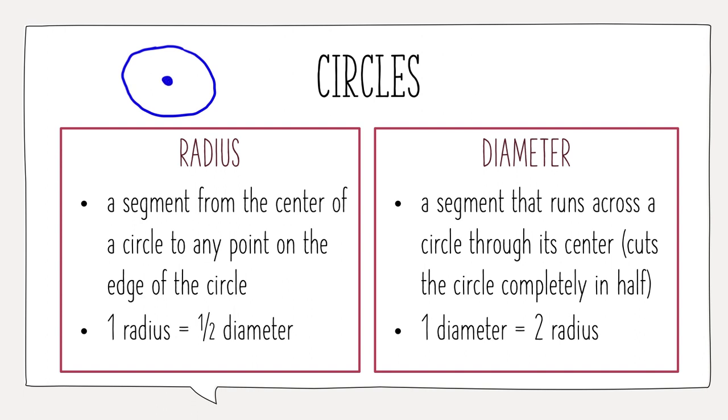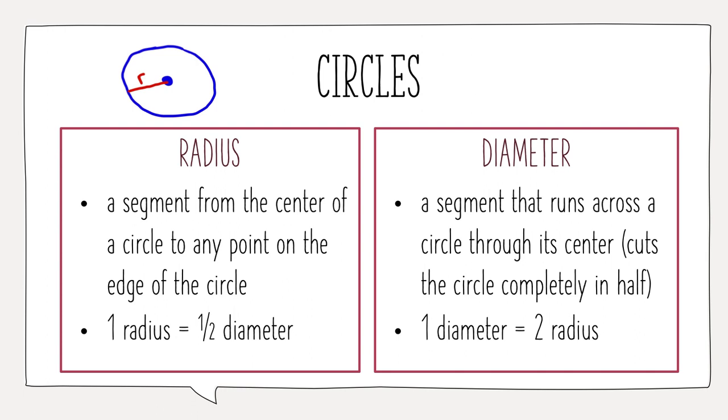I've got the center identified. The radius would begin at the center and go out to the edge of the circle. That is a radius. Okay? From the center to the edge is the radius.